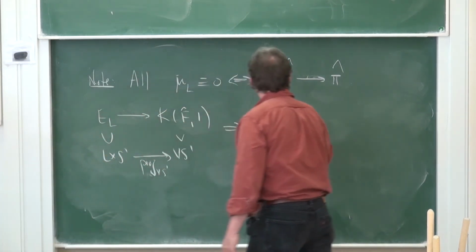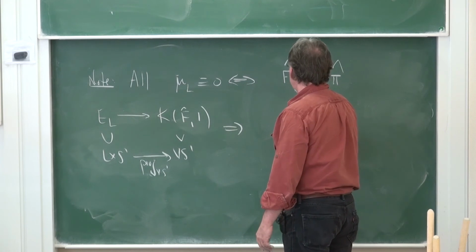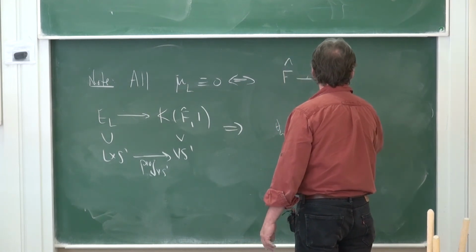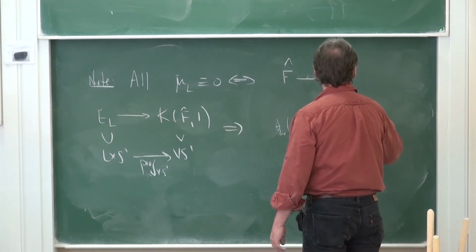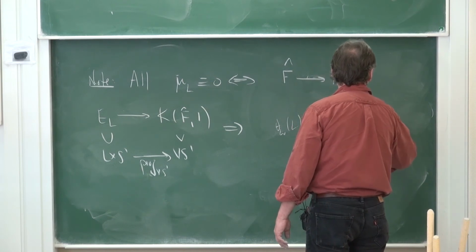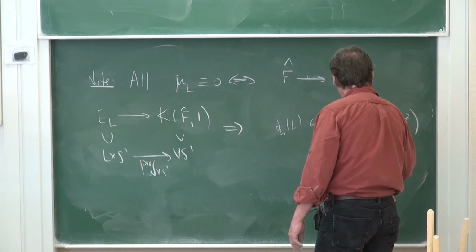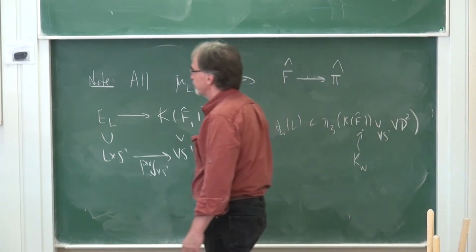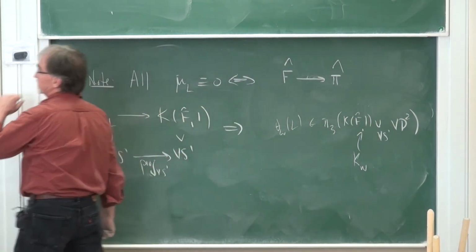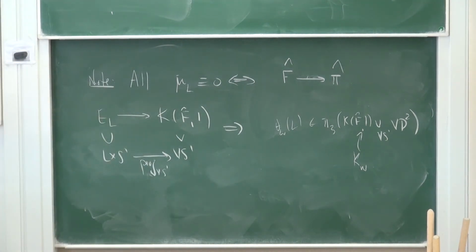And that implies you can define an element we'll call theta omega of L in pi 3 of K F hat 1 union over a wedge of circles with a wedge of 2 disks. We'll call that space K omega. And that's a good candidate for a transfinite Milnor invariant.